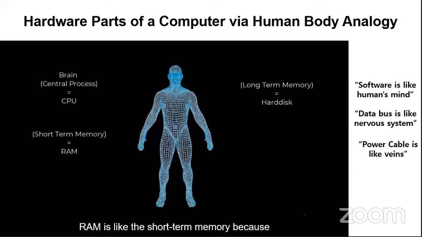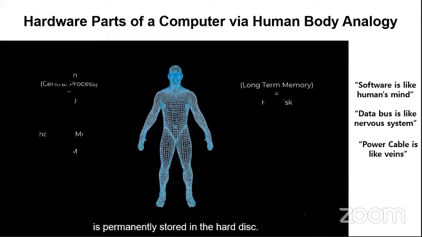RAM is like the short-term memory, because RAM is a volatile storage device. Data and information stored in RAM is not permanent and will be erased when the computer is switched off, while hard disk is like the long-term memory, whereby the data and information is permanently stored in the hard disk.